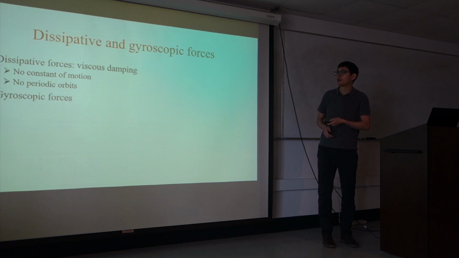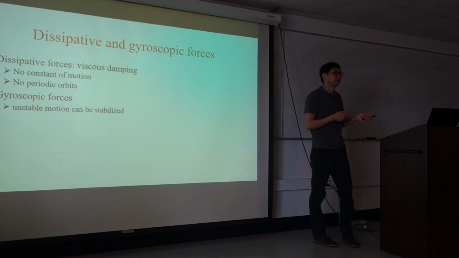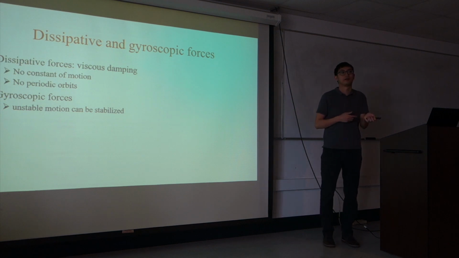Then for the gyroscopic force, why are we interested in this kind of system? Because the gyroscopic system has some very interesting phenomena. The first one is that unstable motion can be stabilized. For example, a rolling ball on a saddle surface, the motion is unstable, but if we rotate the surface, we have the gyroscopic forces, and the unstable motion can be stable.